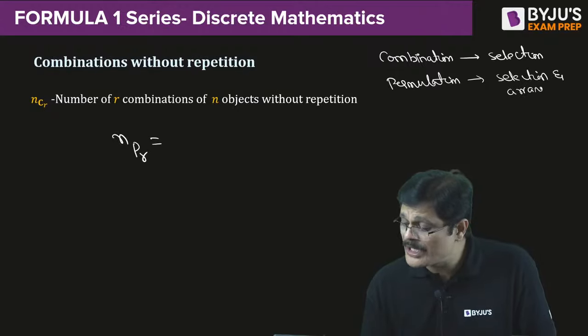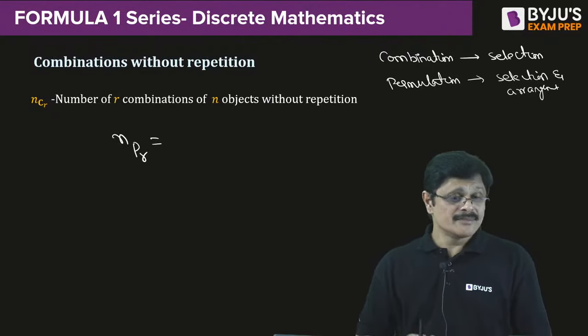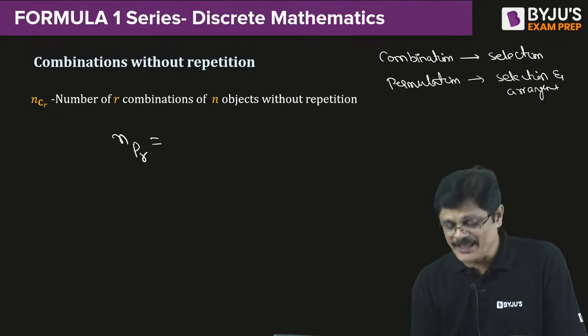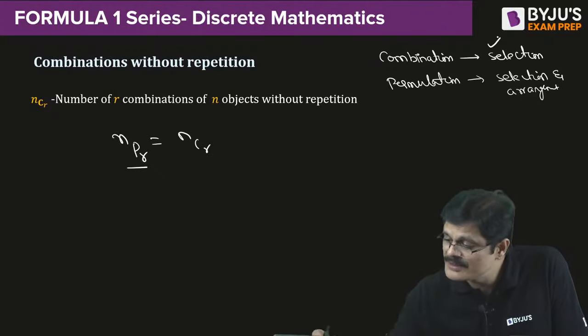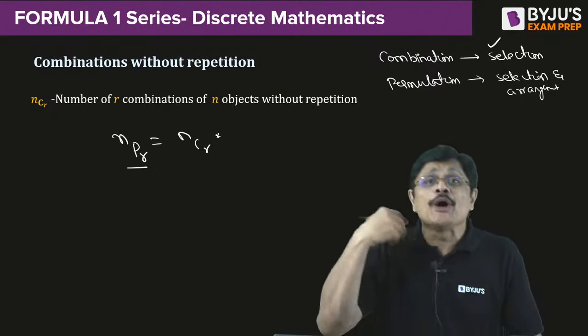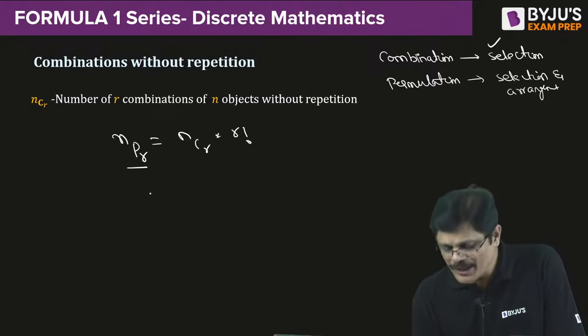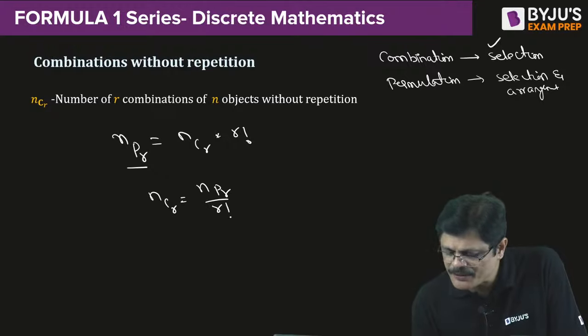Some people feel it is only arrangement, that is a crime. Permutation means selection followed by arrangement. So when you want to do permutation, first you have to select. Then those you selected, you have to arrange. So what is nCr? nPr by r factorial.